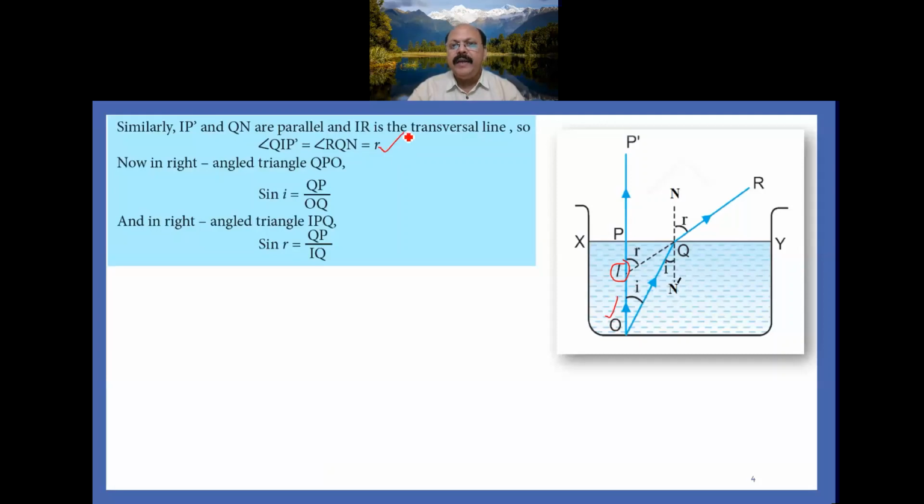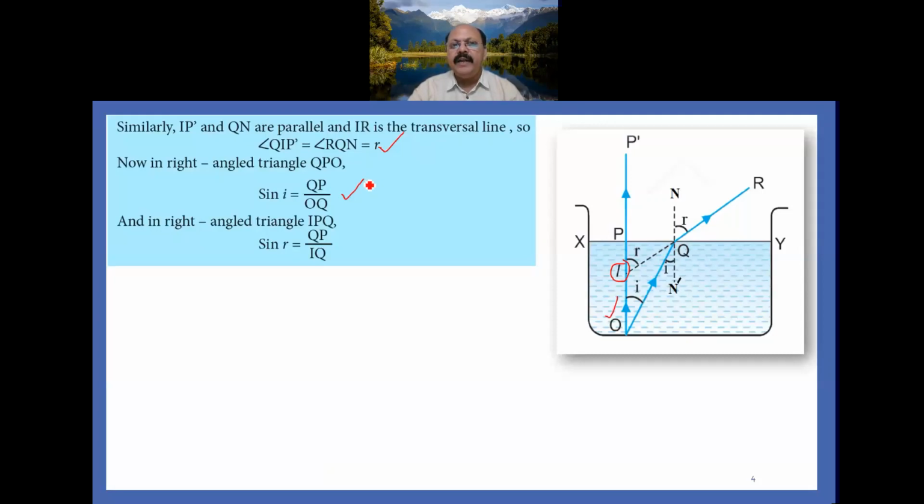So now in right angle triangle QPO, find out sin i. Sin i is equal to perpendicular upon hypotenuse. So we will get QP upon OQ, that is sin i.